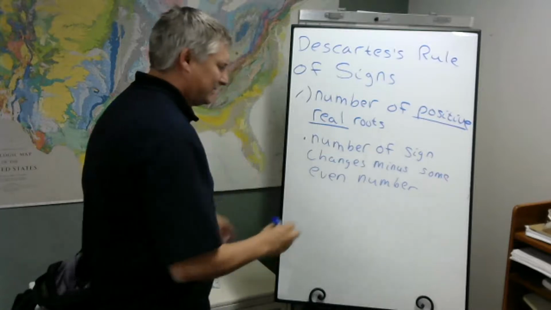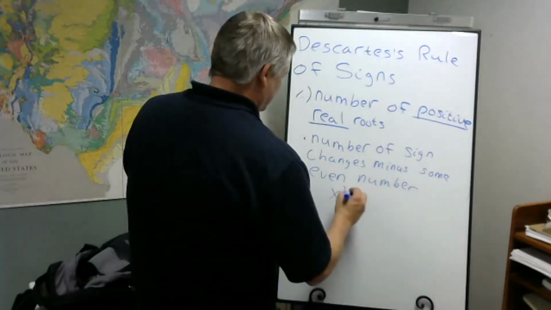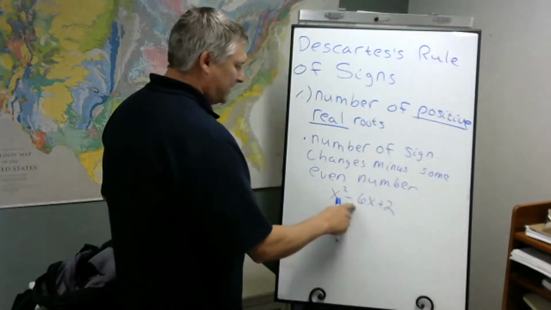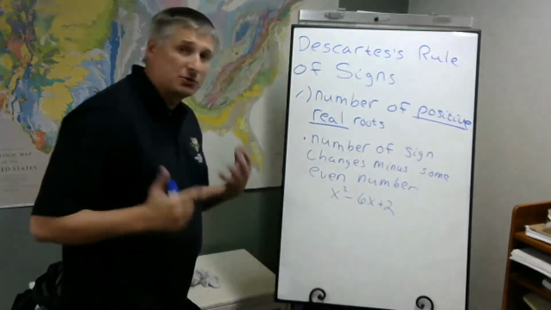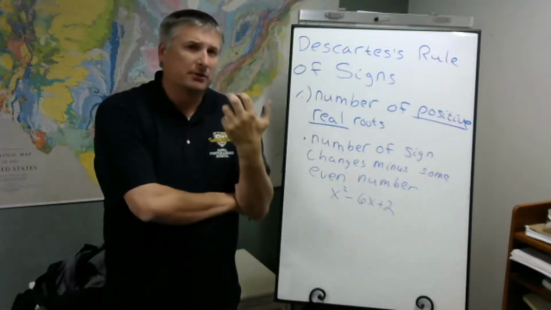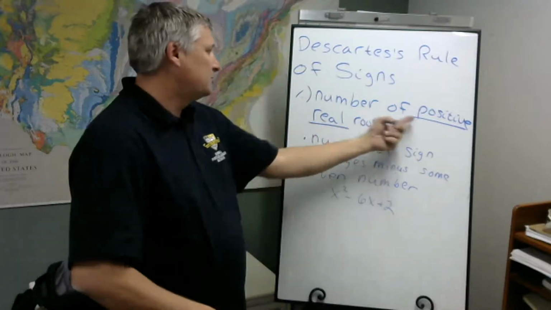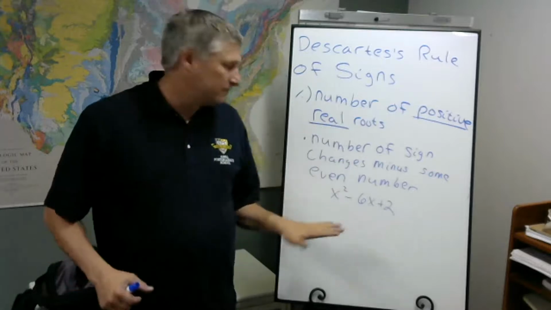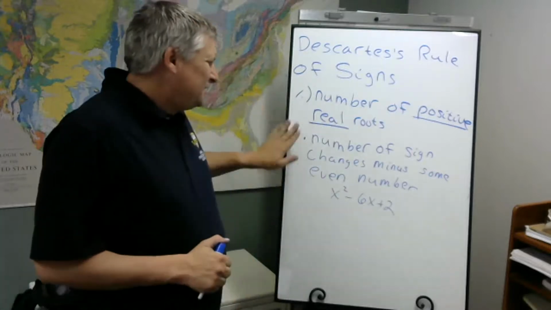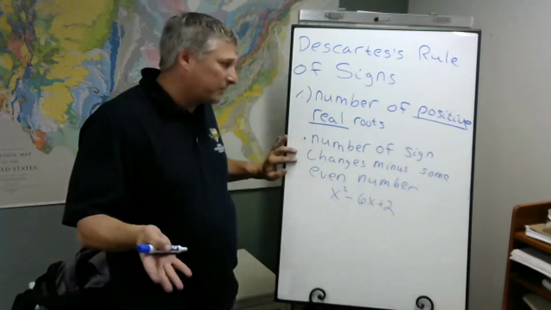So let's go back to our example here. X squared minus 6x plus 2. Positive the negative, negative the positive, those are 2 sign changes. So from the first part, we learned that we could possibly have 2 positive real roots for this polynomial. Well, that's great. But this says kind of an or.